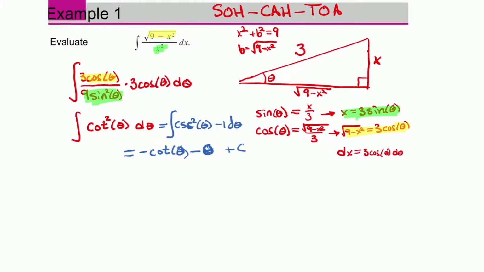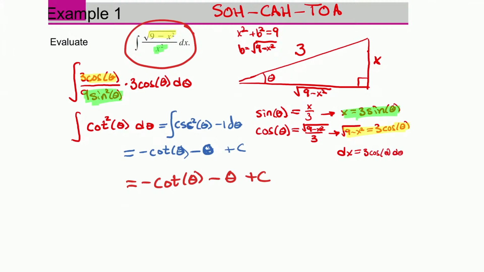Okay, so almost done. We're getting close. So the last bit is to say I've got things in terms of theta, cotangent of theta minus theta plus C. But my original problem had x in it. So I'm going to have to ask myself, what is the cotangent?